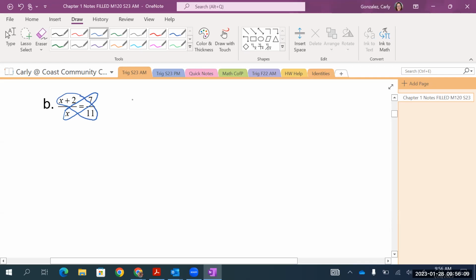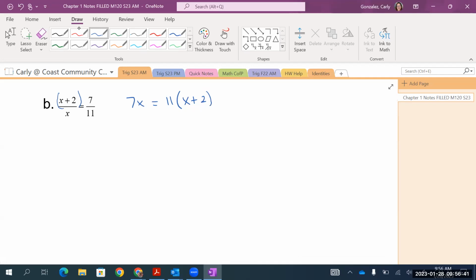So when I multiply, I can multiply 7 times x and get 7x. I need to be careful when I multiply 11 by x plus 2. I need to make sure I'm multiplying the 11 by the entire expression, x plus 2. So one strategy is to use parentheses around that x plus 2 and get 11 times that quantity, x plus 2.